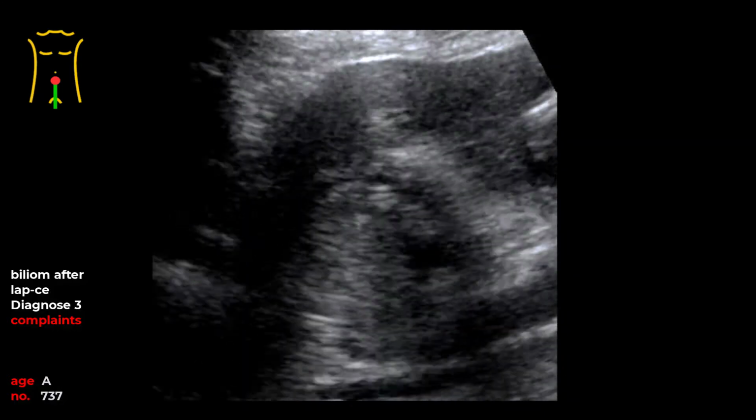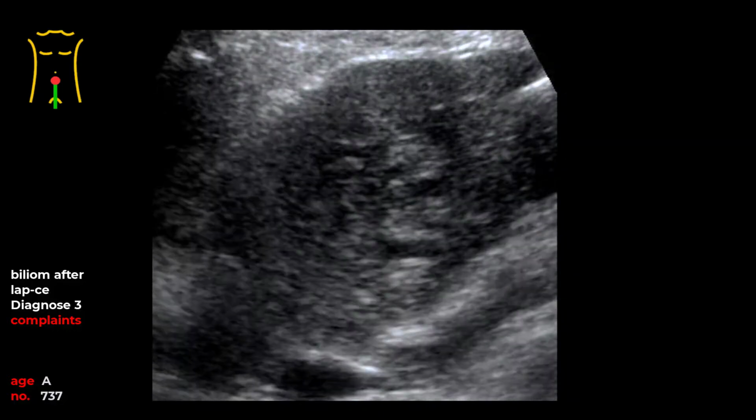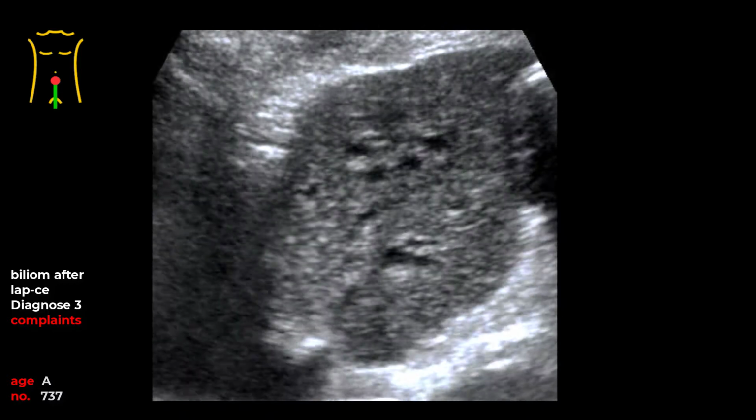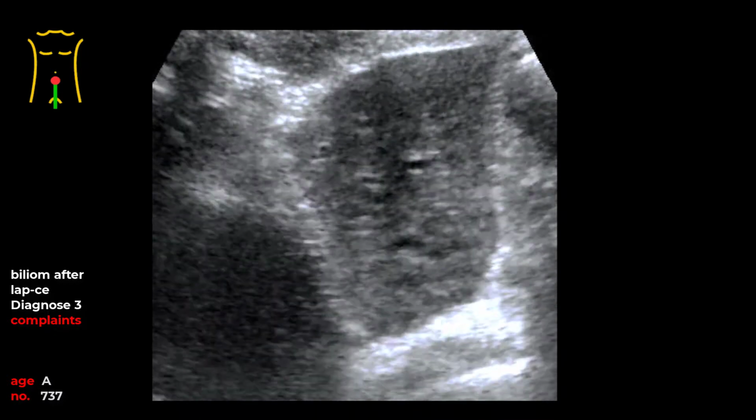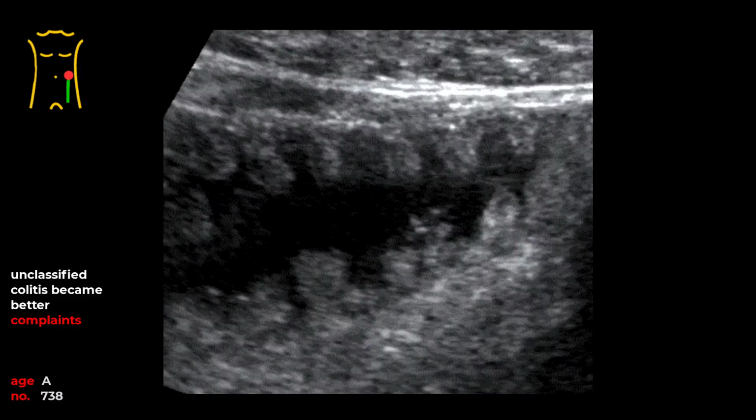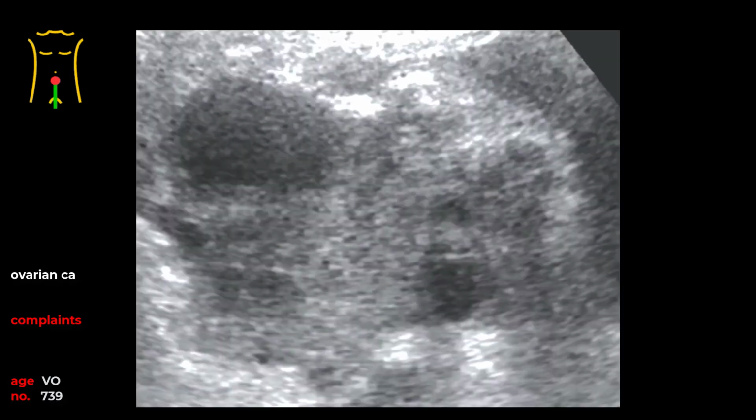In the next 737, we find another retroperitoneal malignoma. In 738, a non-classified colitis represents a typical fish eating only after laparoscopic cholecystectomy.